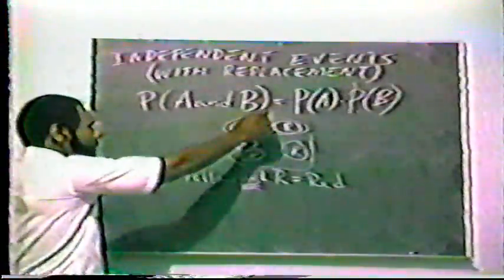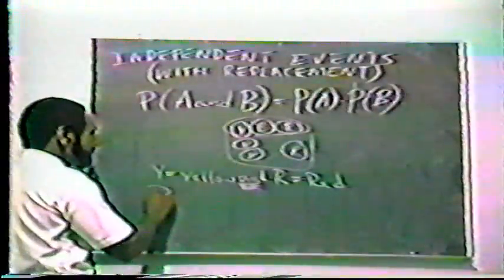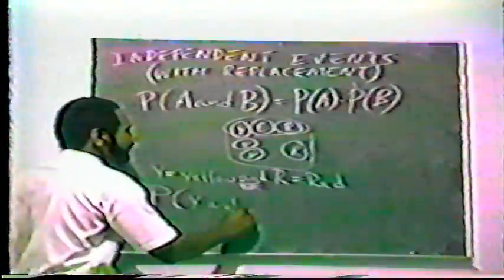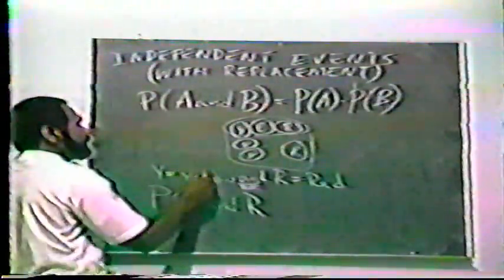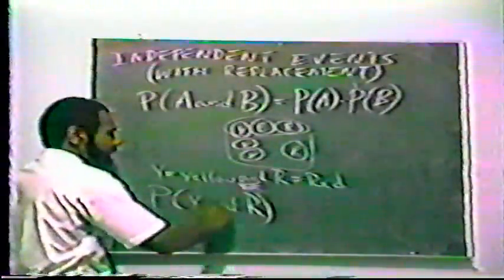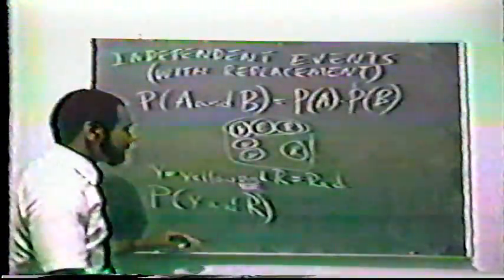So we use the formula here. We have the probability of getting a yellow and a red. We could let yellow be A and red be B and substitute everything in the formula, or we can just use Y and R to remind us that Y stands for yellow and R stands for red.